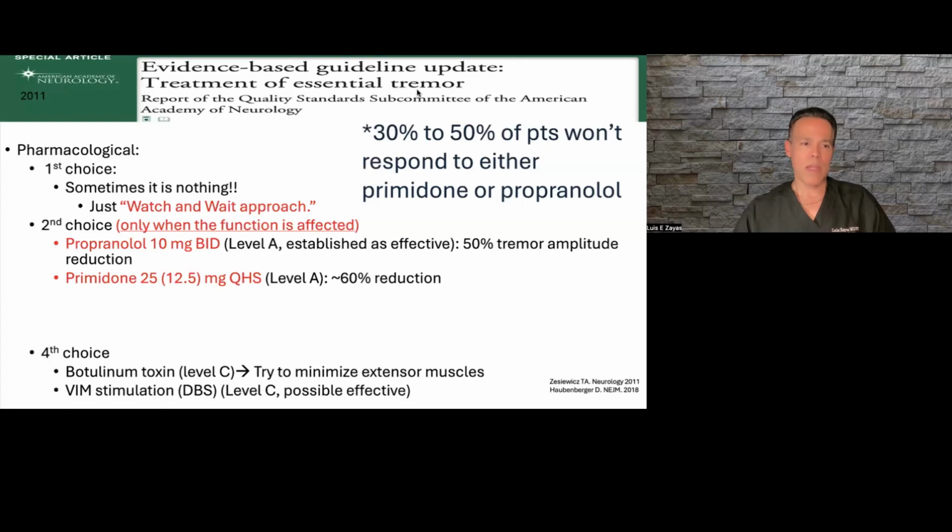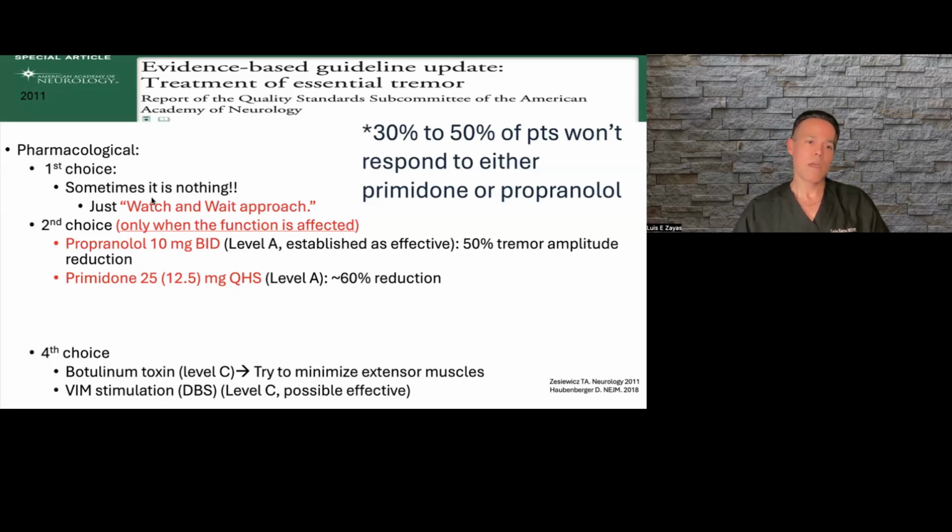So let's talk about the last part of this talk, and that is the treatment. Unfortunately, we are still using the same medication that we were using 30 years ago. Exactly the same, propranolol and primidone. Nothing new regarding oral medication yet, although there are many studies going on.